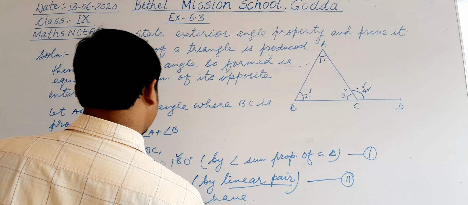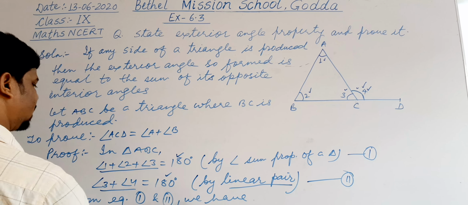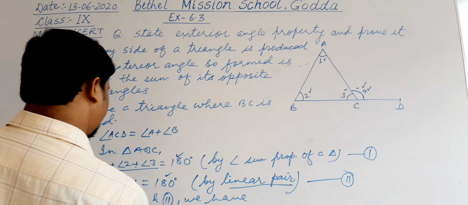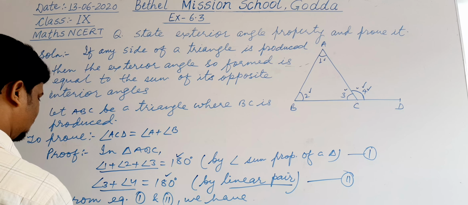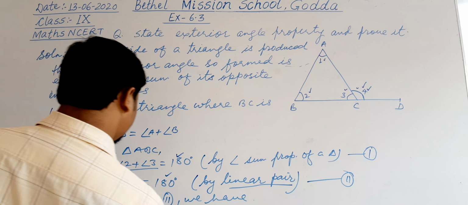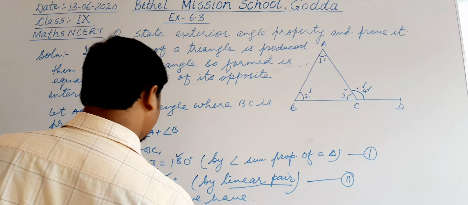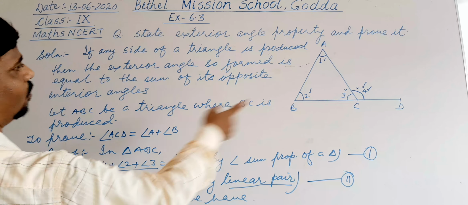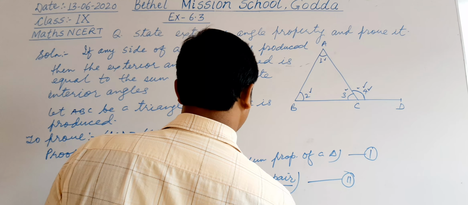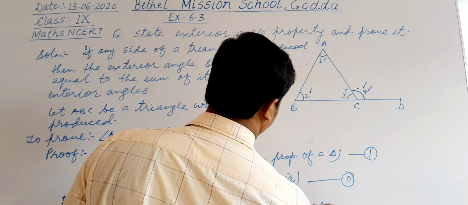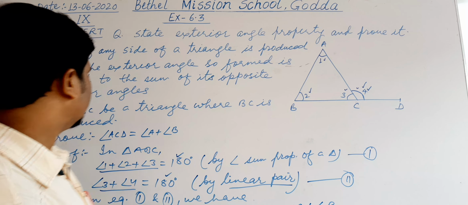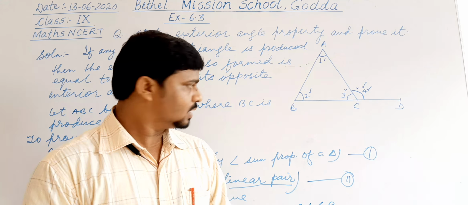Angle 3 cancels. Therefore, angle 1 plus angle 2 equals angle 4, or angle 4 equals angle 1 plus angle 2. Angle 4 is angle ACD. Therefore, angle ACD equals angle A plus angle B. So this is the exterior angle property of a triangle.